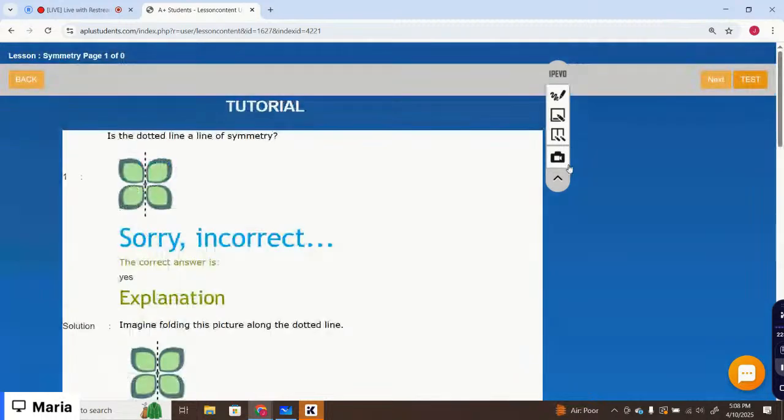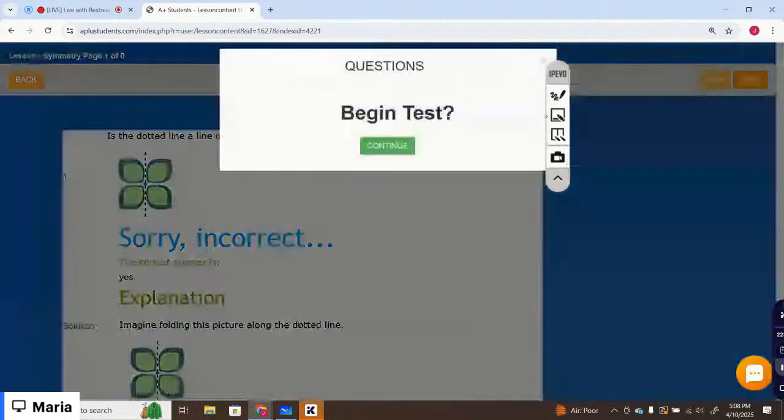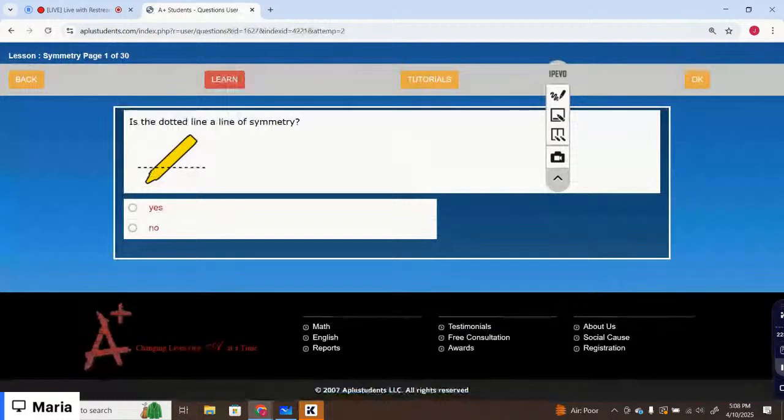Let's just start with the test questions. Is the dotted line a line of symmetry?